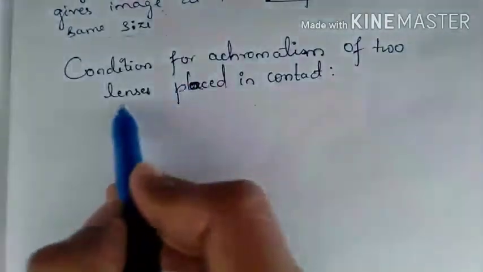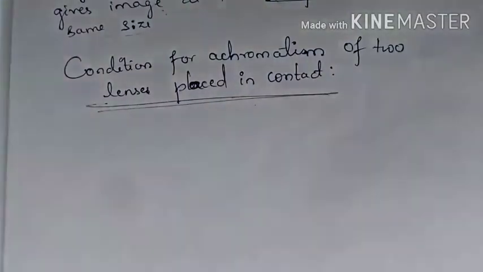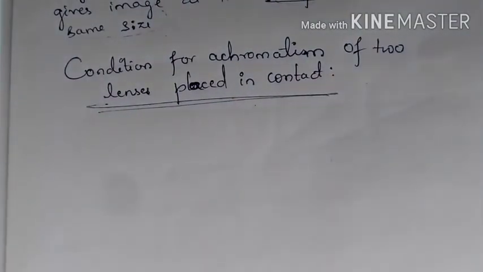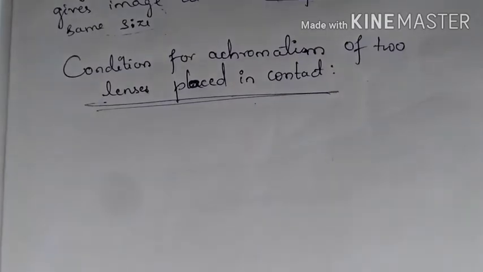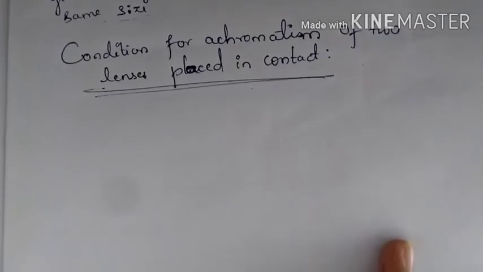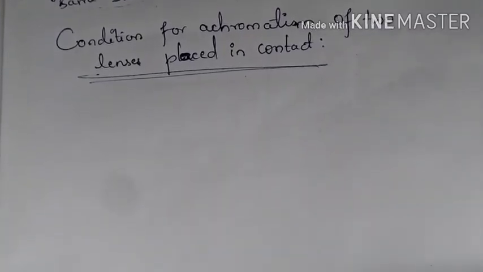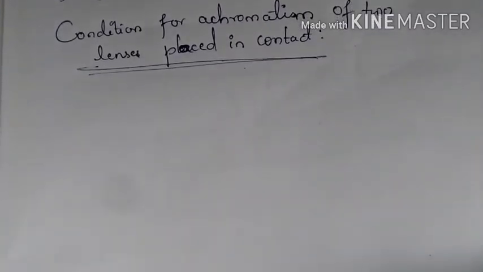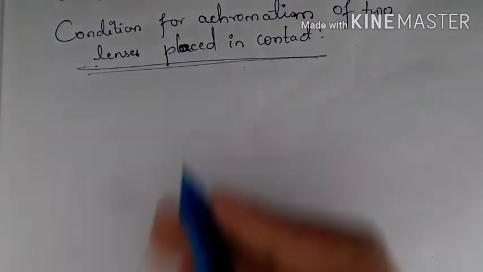Let us learn what conditions achromatic lenses should satisfy when they are kept in contact. In achromatic lenses we will have two different lenses, let's suppose a convex lens and a concave lens.